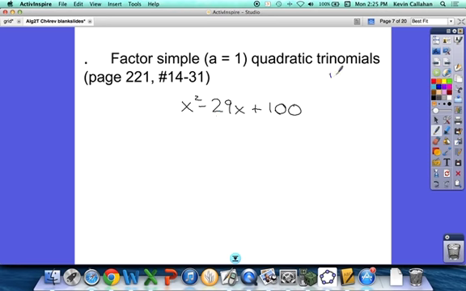First of all, they're both going to be negative, because the product is positive and the sum is negative, right? And so what were those two numbers? We did them before. Yeah, negative 25, negative 4. So one-step problem, (x − 25)(x − 4). That's it. Stop.